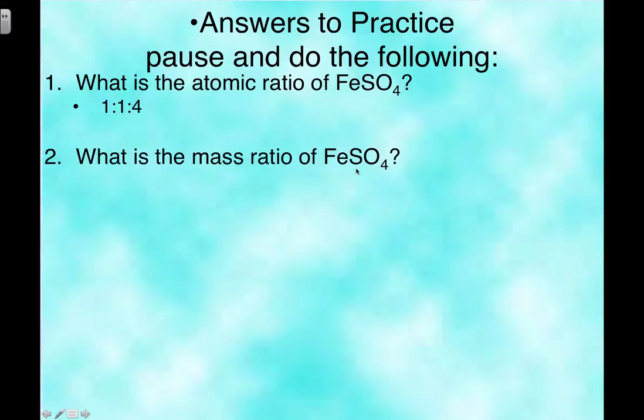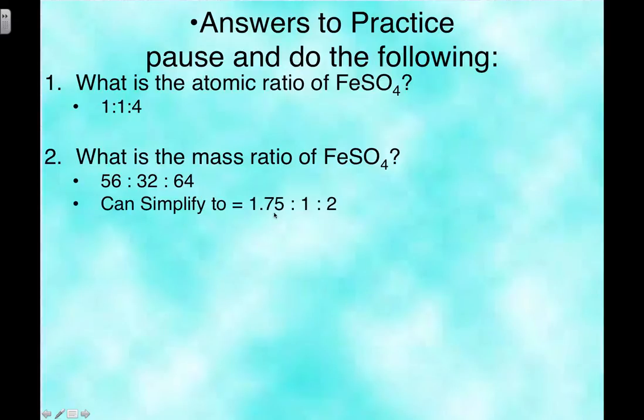What is the mass ratio of iron sulfate? You look at the mass of the iron, the sulfur, and the oxygen. It's 56 to 32 to 64. That's just from calculating the formula mass. And you can simplify that to 1.75 to 1 to 2. Notice I kept it in order by element, iron first, then the sulfur, then the oxygen.